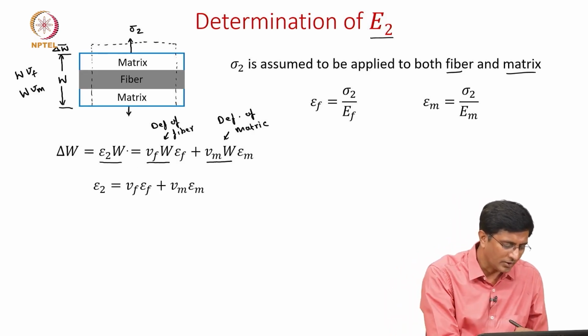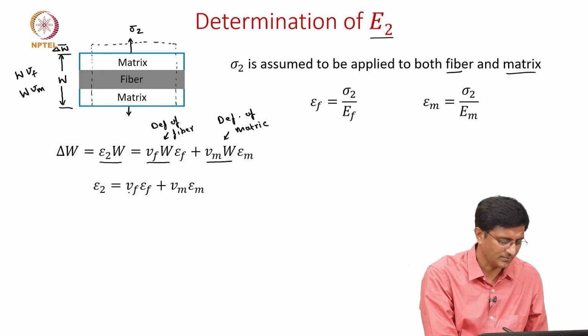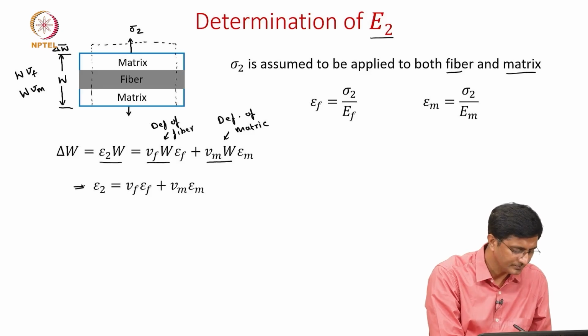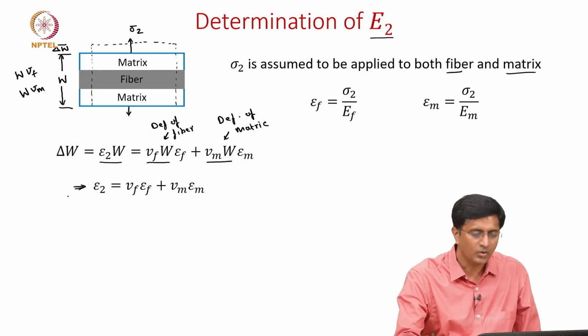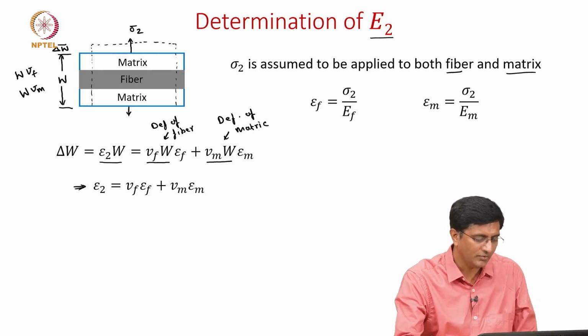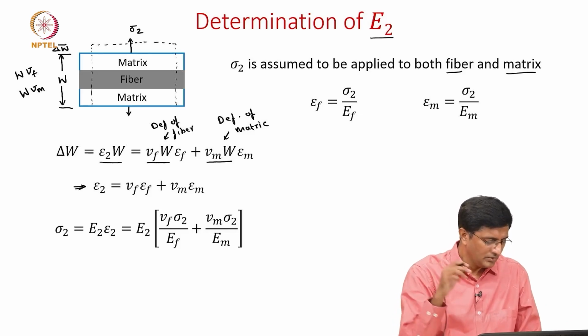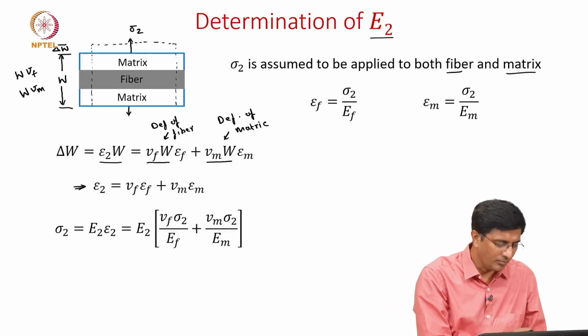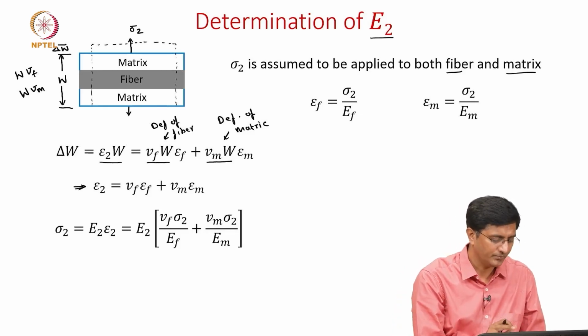Now if I remove the common W in this first equation, we can write it in terms of the strains and the volume fractions. Now let's try to bring in the E value. How do we bring it in? We multiply both sides of the equation with E2.